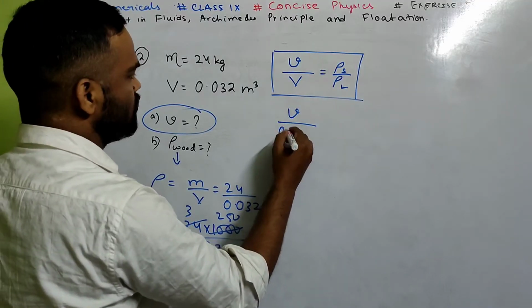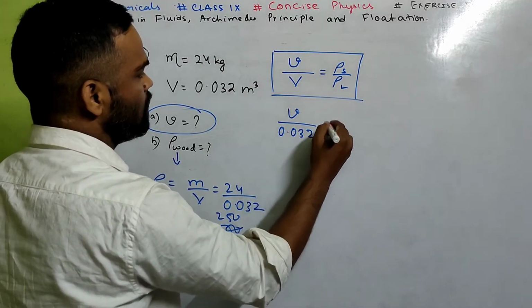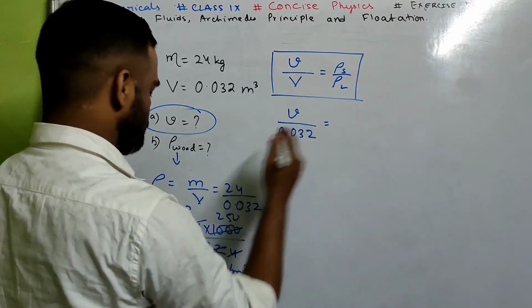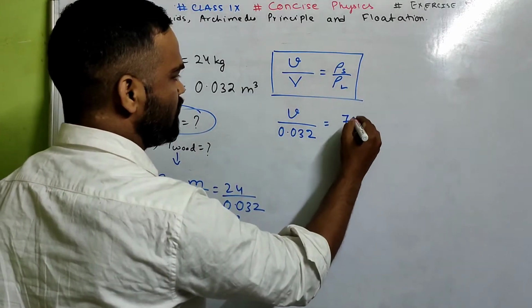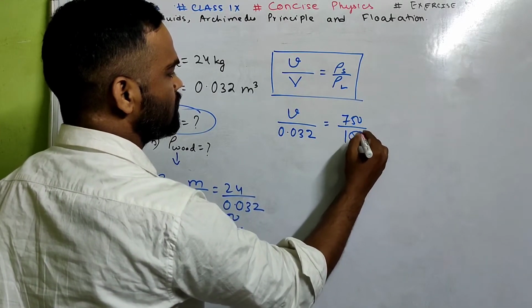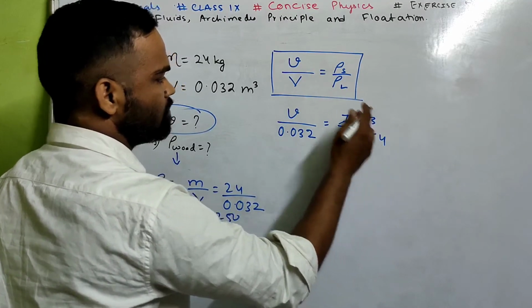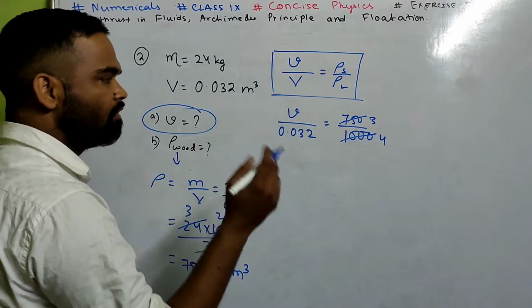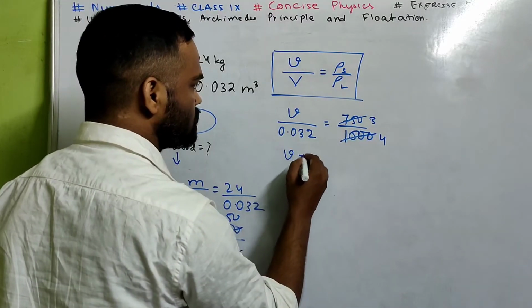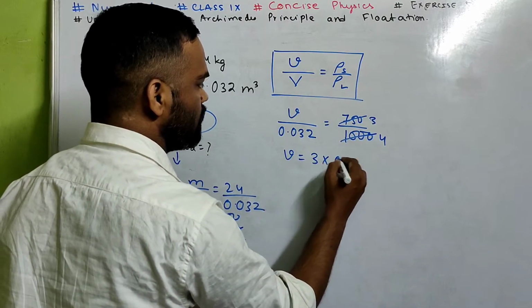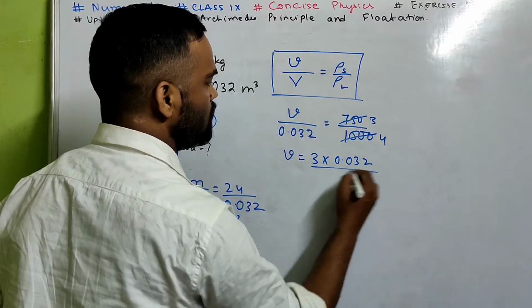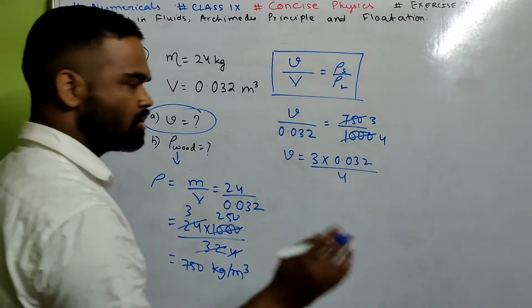Total volume 0.032. Density of the solid is 750 by 1000. 250 3 times, 250 4 times. Solve it. So volume is 3 into 0.032 by 4. Yes or no?